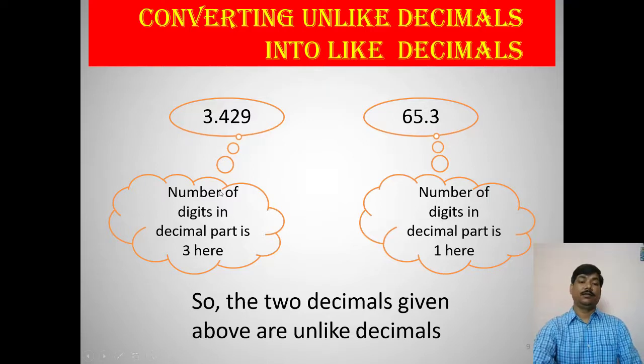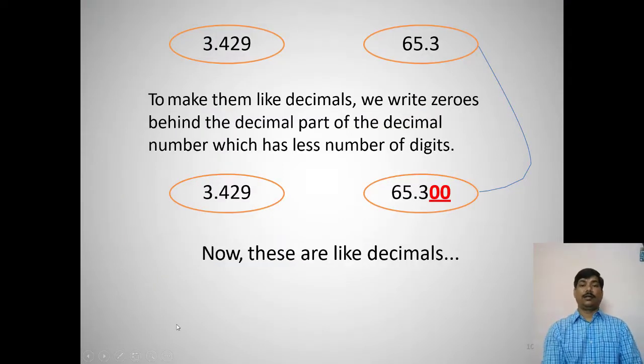How? The number of digits in the decimal part is 3 here and 1 here. So the two decimals given above are unlike decimals. We will change them into like decimals.